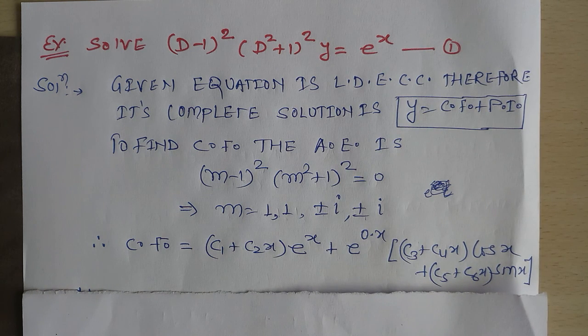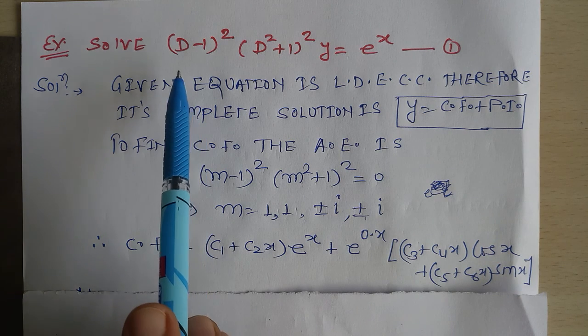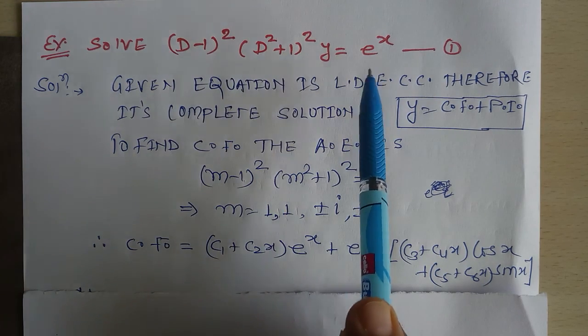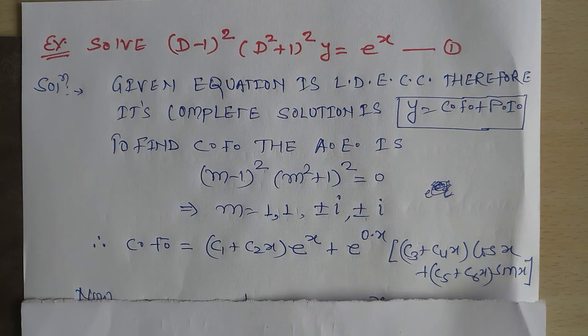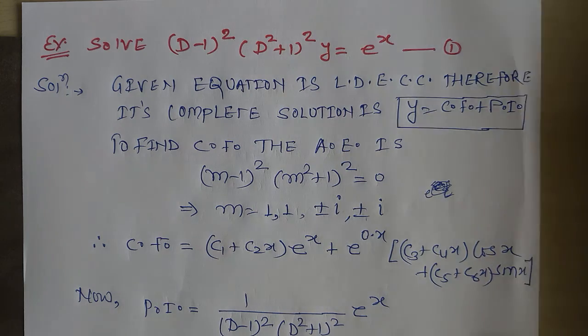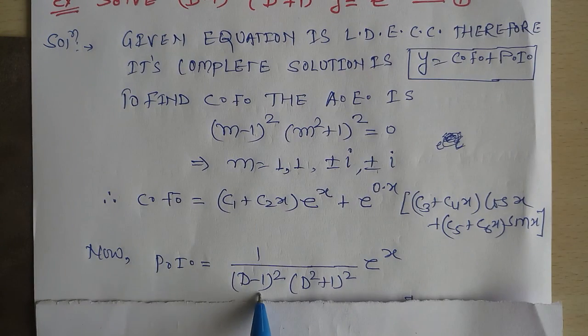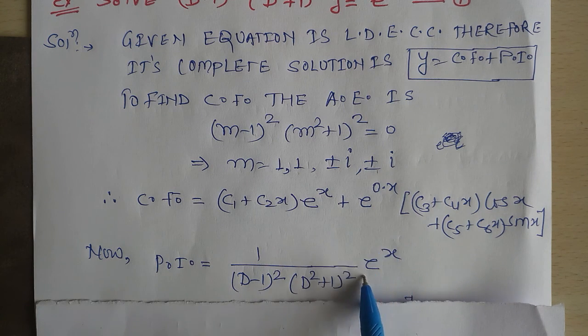Now we find the particular integral, and for that we transfer this product term function of D into the right hand side. Then we get PI is equal to 1 upon (D minus 1) whole square into (D square plus 1) whole square e raised to x.